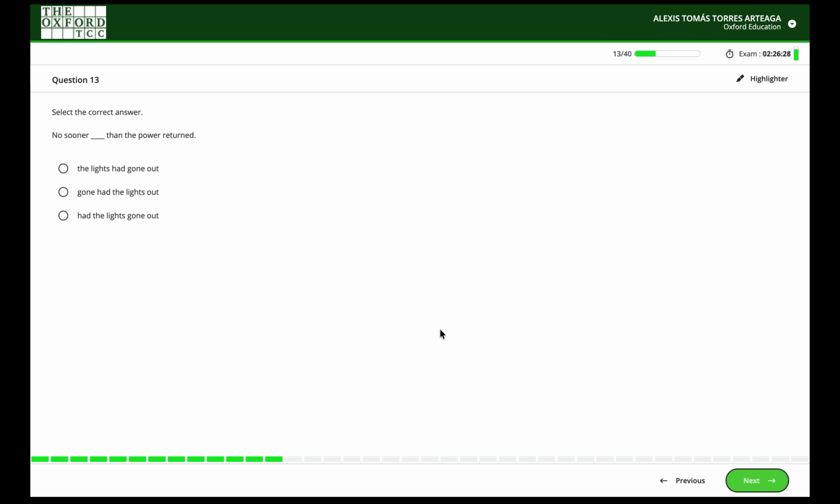No sooner than the power to return. No sooner had the lines gone out than the power to return. The results be verified. The findings will be published immediately.